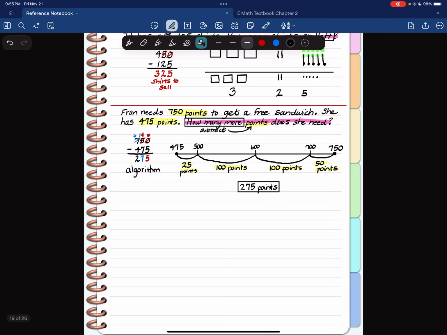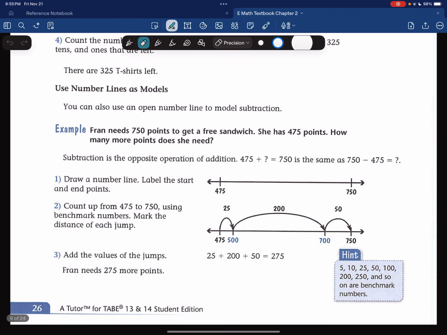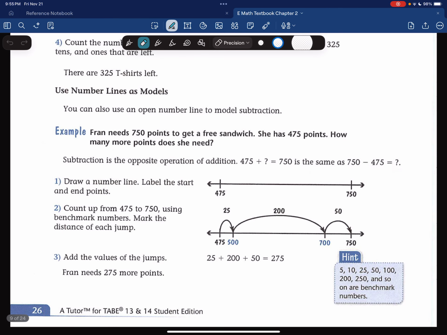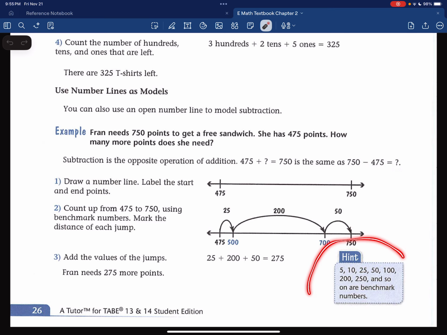Okay, let's make one more line, and we'll do one more example from our textbook. And let's take a look at a hint down here. Always look at the hints in the textbook. It's good stuff. 5, 10, 25, 50, 100, 200, 250, and so on are called benchmark numbers.